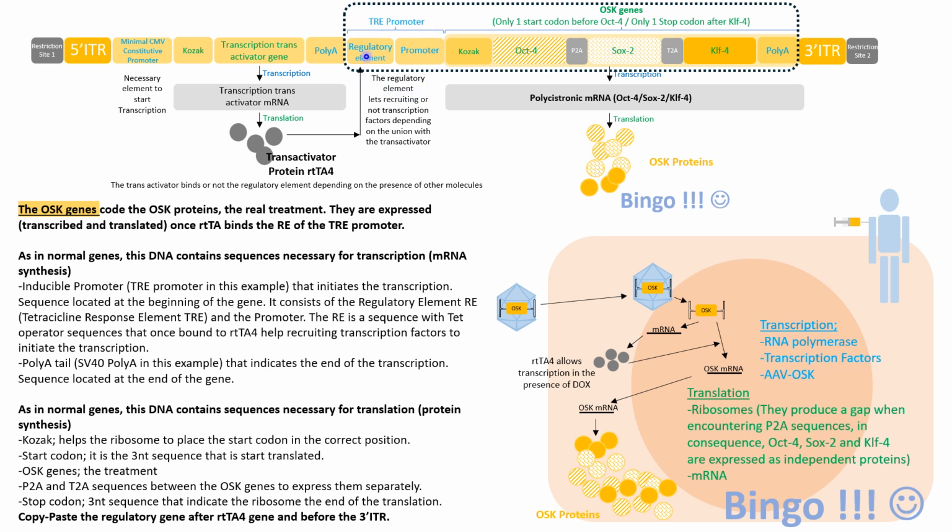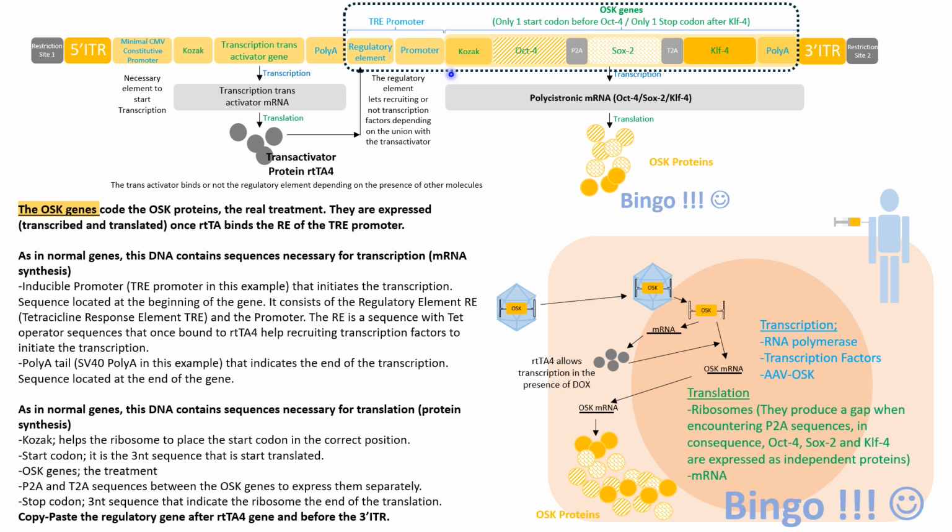It has the regulatory element, so it's inducible. And in between the sequences necessary for transcription, we have the sequences necessary for the translation, that is to say, for the production of the protein. Okay, so let's go for it.